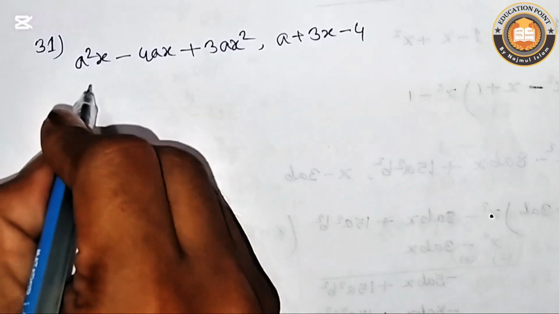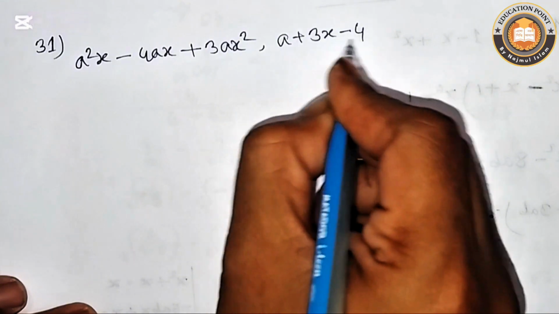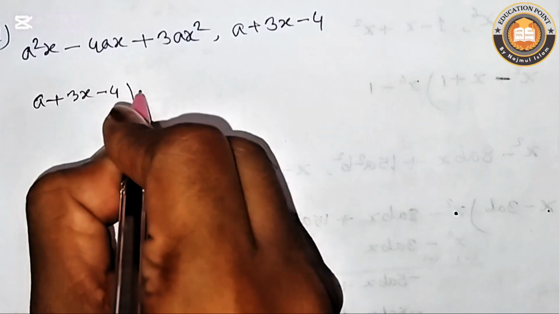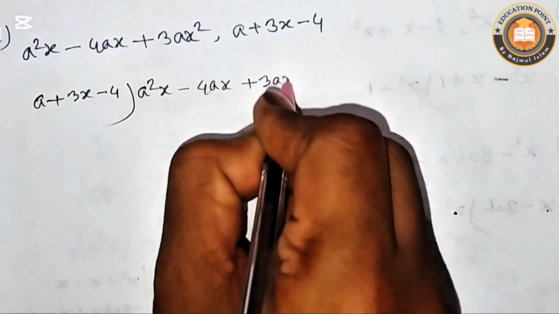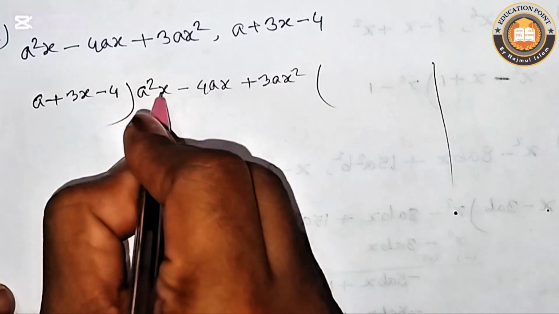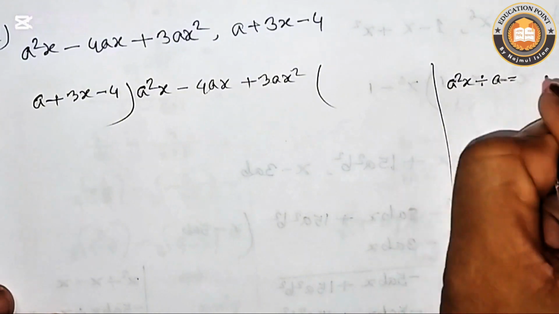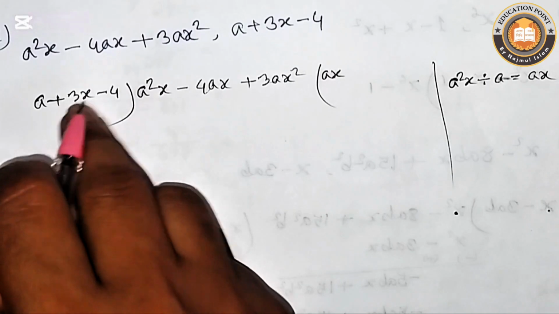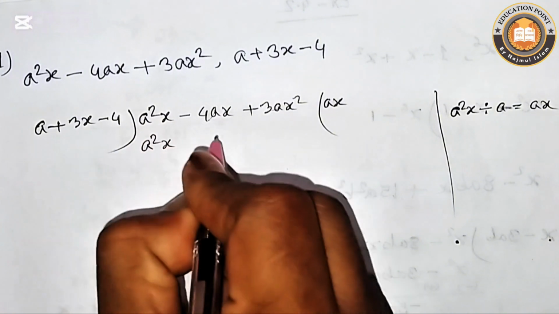Question number 31. (a²x − 4ax + 3ax²) divided by (a + 3x − 4). At first, a²x divided by a equals ax. ax multiplied with (a + 3x − 4): ax multiplied with a, then ax multiplied with 3x, then ax multiplied with minus 4.